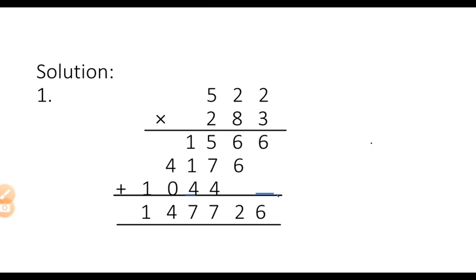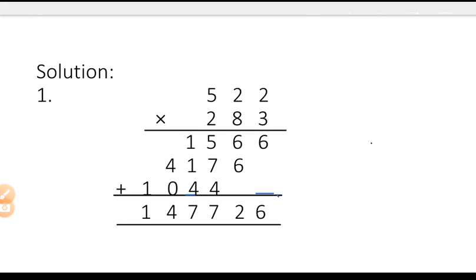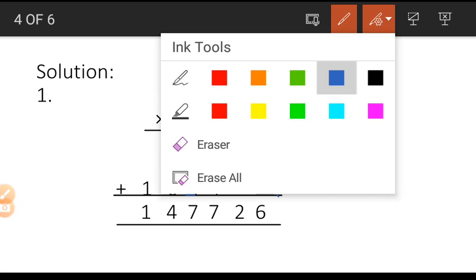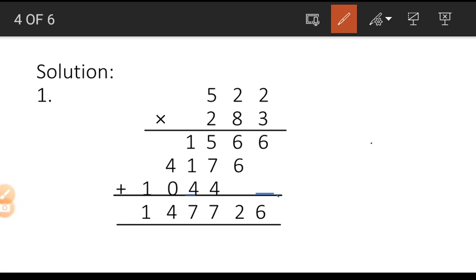Now you need to look at the arrangement of this number. When you are given a number like this, you must multiply the 522 by 2, 8, and 3, one after the other.